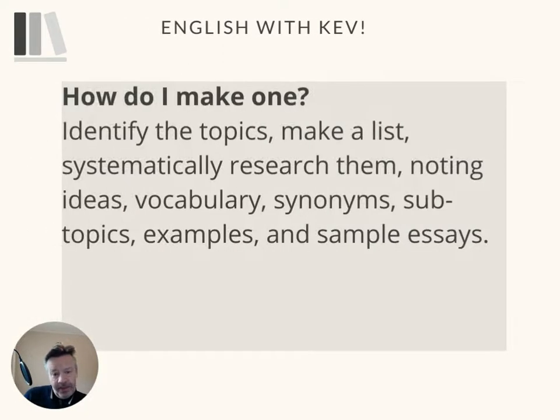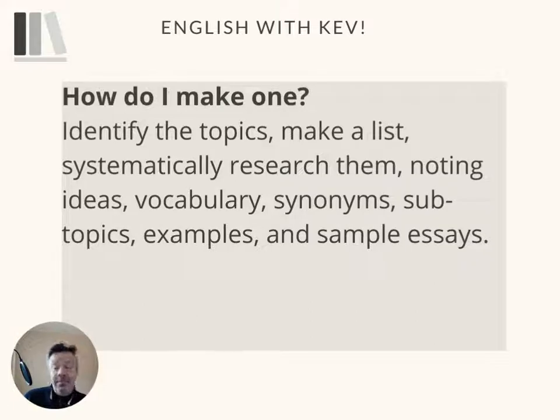So how do you make one? Now, again, it can be a little time consuming for sure, but you need to identify the topics. If you just do a quick search, common IELTS and TOEFL themes, you can find them in a couple of seconds. Identify them, make a list.